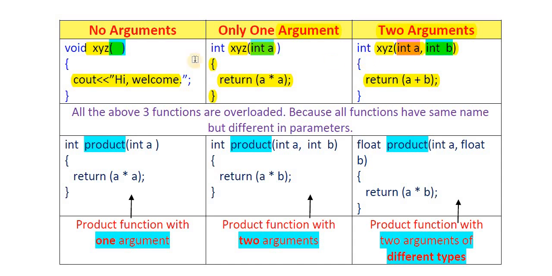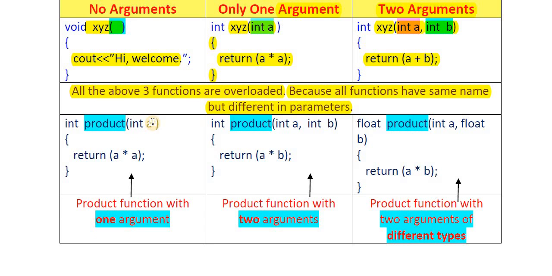So in all three examples the function name is the same, xyz, but the parameters are different: 0, 1, 2. Hence all these functions are overloaded functions, because they have the same name but different parameters or arguments.